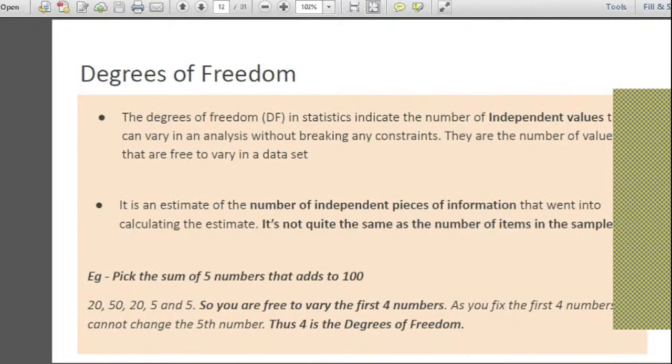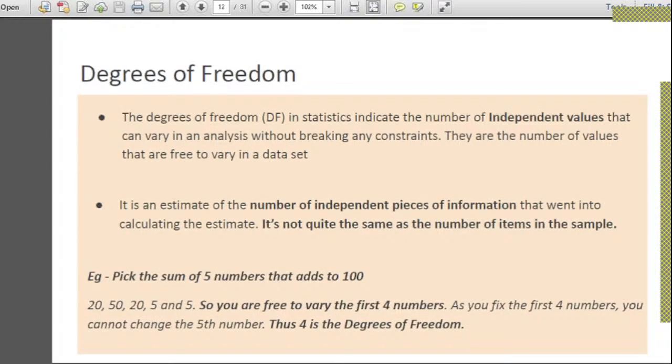Okay, so before the break, we discussed and understood parametric and non-parametric tests. Now, there is a concept of degrees of freedom that is used when we do these tests.